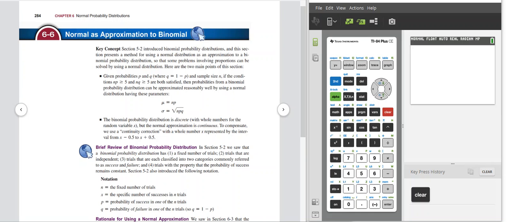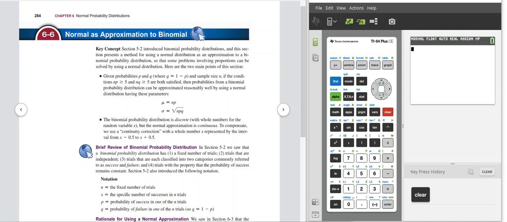So again, our goal here is to show that the normal probability distribution has lots and lots of applications. So we like using it. It's pretty straightforward. We've been learning how to find area under the curve so we can come up with the probabilities, and so it is a very important part of what we're doing now in statistics.